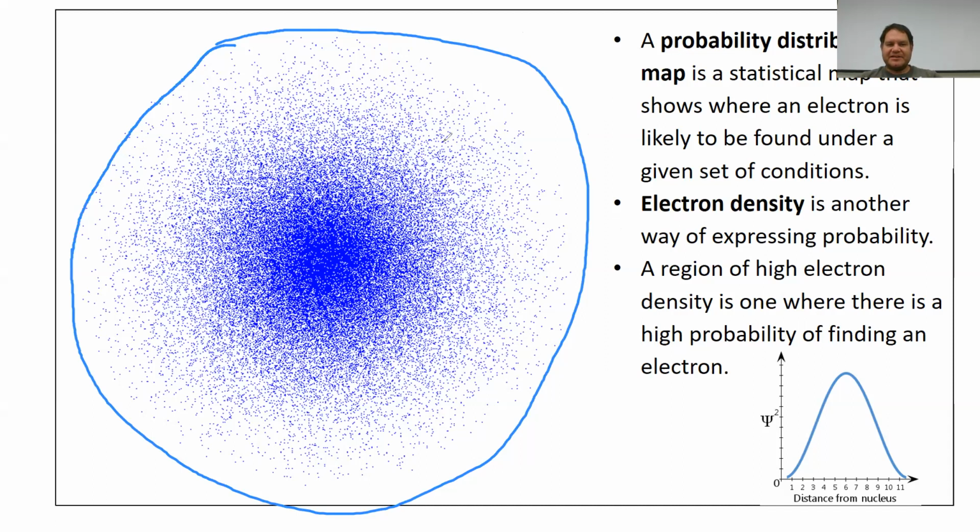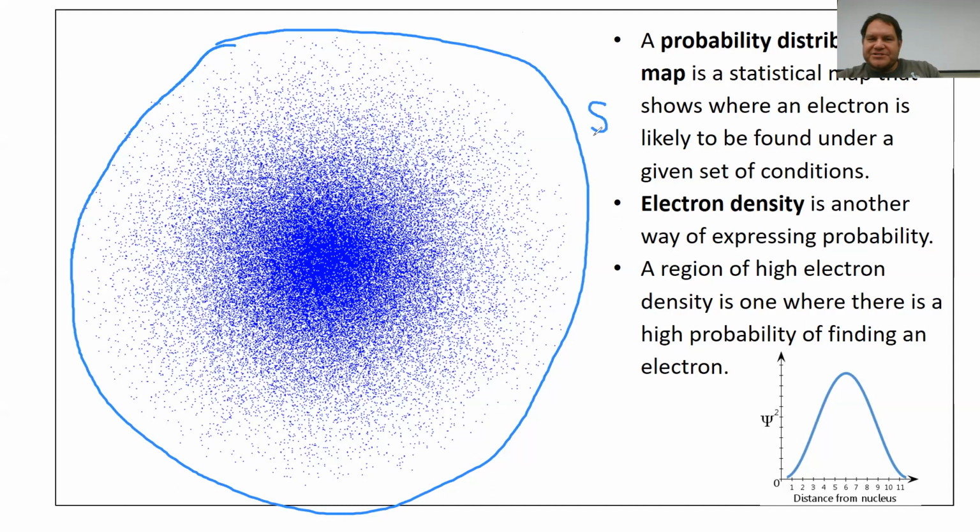The electron is going to be somewhere defined in this region. And what I've done is define what is called the orbital. This particular orbital has a shape to it, it's spherical, and we call it an s orbital.